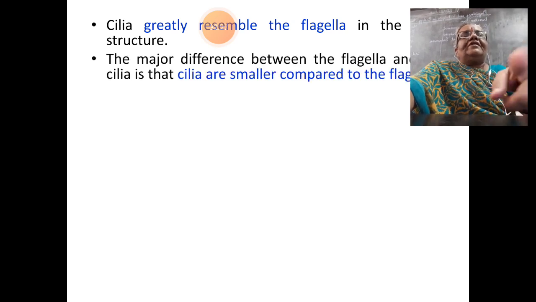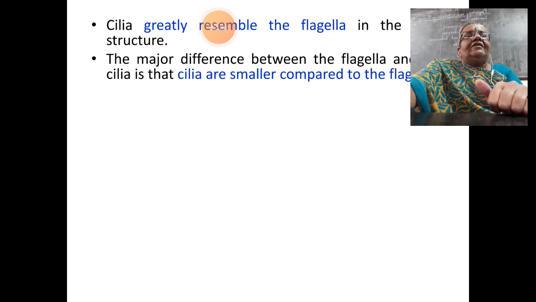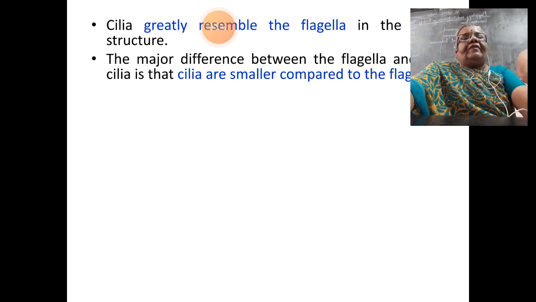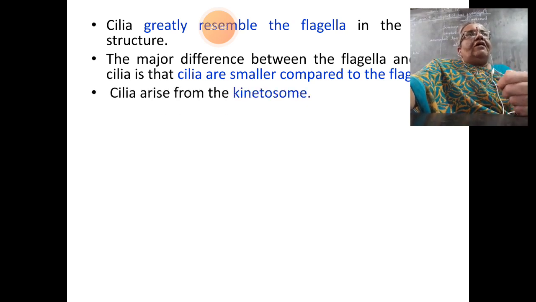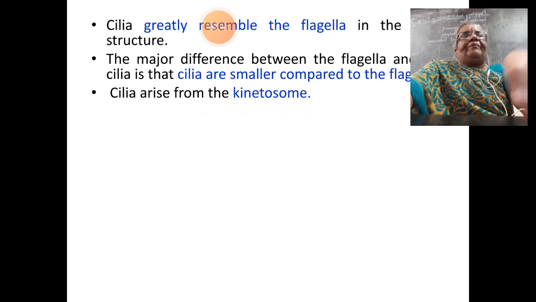I have told you already. The major difference between flagella and cilia is that cilia are smaller when compared to the flagella. Cilia also arise from kinetosome or blepharoplast or basal granules, which take their origin from centriole, same.